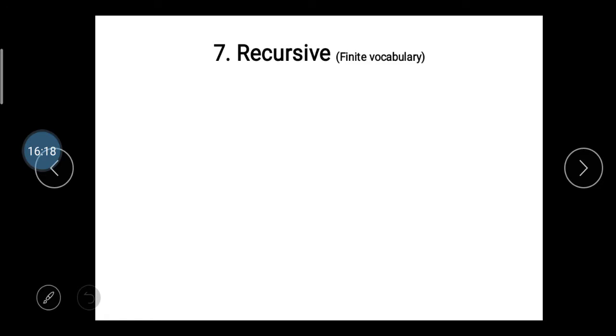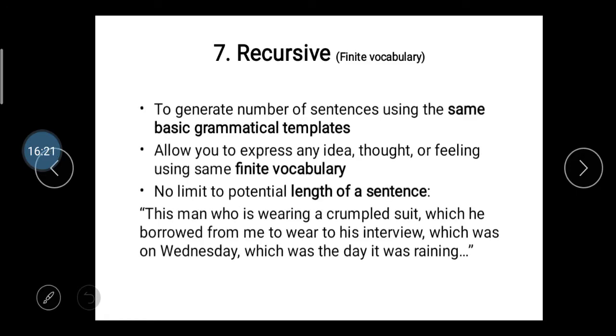Then after, recursive: generating a number of sentences using the same basic grammatical templates. Language allows you to express any ideas, thoughts or feelings using the same finite vocabulary, with no limit to the potential length of sentences. So this type of recursiveness means using your words to create the language of your communication.